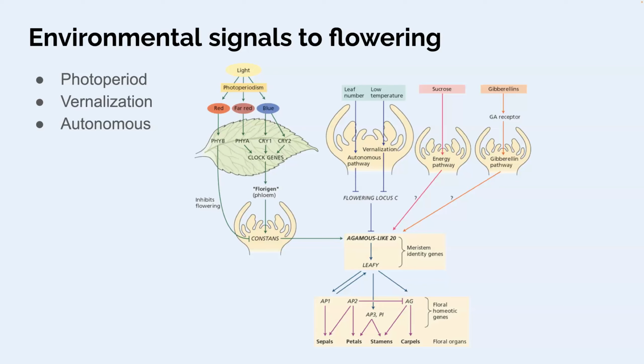This refers to the plant basically sensing how big it is or how long it's been growing and using that as a measure for when it's a good time to flower. Other ones, abundance of energy, sucrose, gibberellins. This is one of the pathways that involves hormones. Gibberellin is a hormone. But we have a few, at least over here, environmental conditions that can tell plants when it's time to flower.